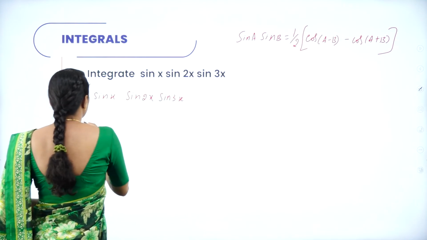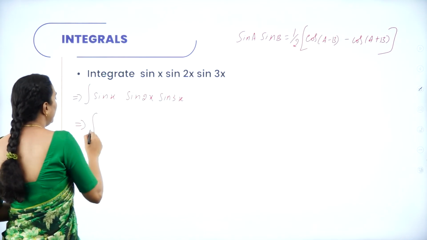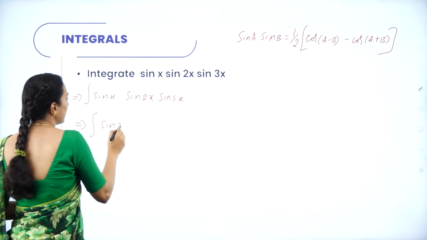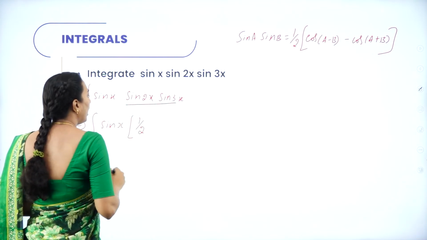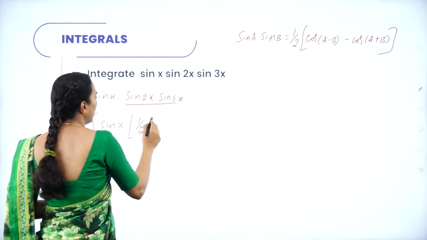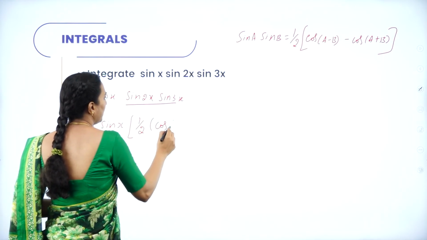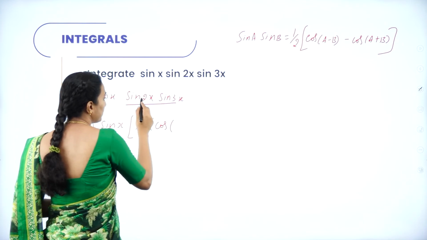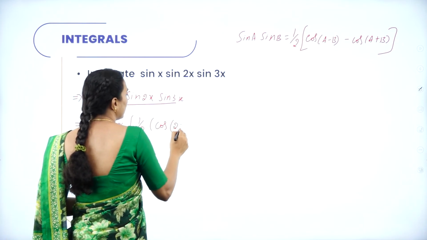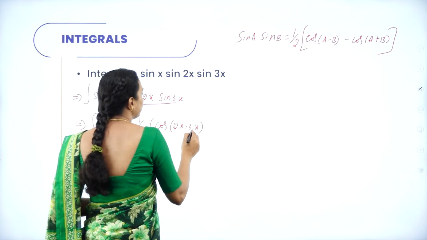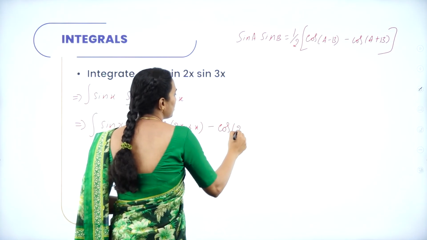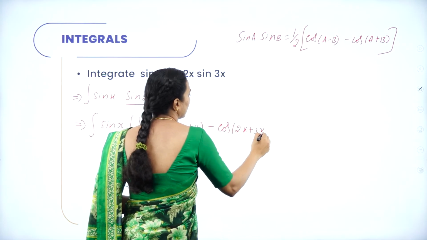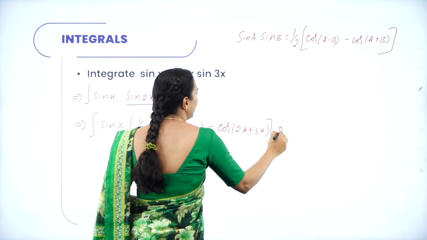Accordingly, we can write it as integral of sin x as it is, and I am applying the formula half into cos of A minus B, which is 2x minus 3x, minus cos of A plus B, which is 2x plus 3x, into dx.